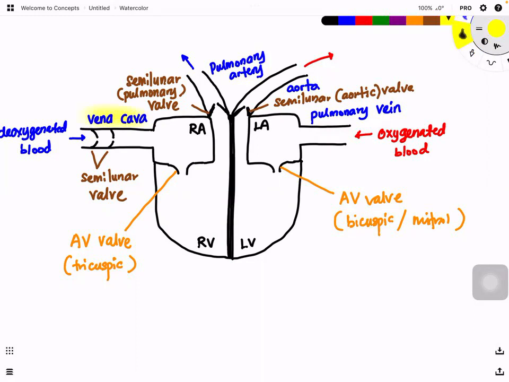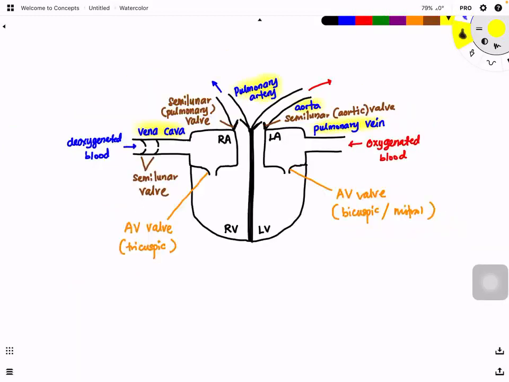Second, we have the pulmonary artery. Both carry deoxygenated blood. Then we have the pulmonary vein and the aorta. Both of them carry oxygenated blood. If you need, you can take a photo of this.